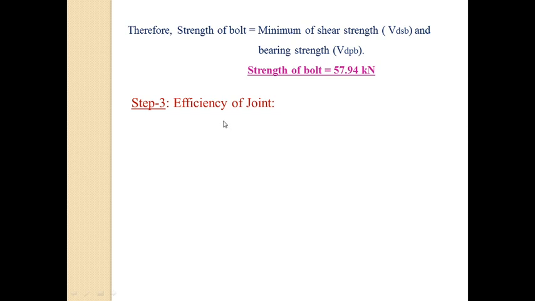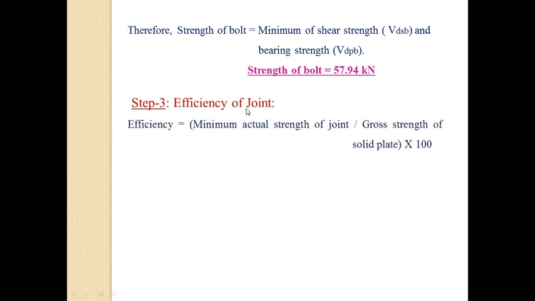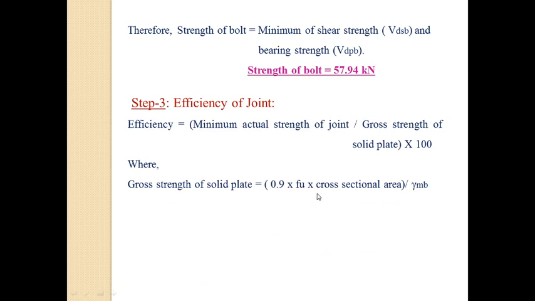So the next step is to calculate the efficiency of joint. We know the formula: efficiency of joint is equal to the minimum actual strength of joint divided by the gross strength of solid plate, multiplied by 100. The gross strength of solid plate we can calculate using the formula 0.9 into Fu into cross sectional area divided by gamma m0.